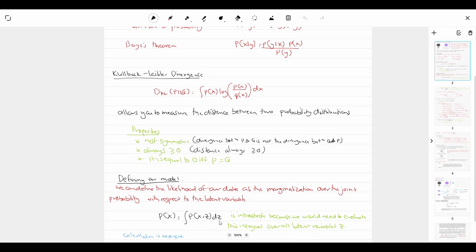This uses the sum rule of probability, or an integral for continuous variables, where p(x, z) is the joint probability of the data and the latent code. The problem is that this particular integral is intractable, meaning it's impossible or computationally too expensive to calculate exactly. Why? Because we need to evaluate this integral over all possible latent variables z. The calculation is simply too expensive and complex.